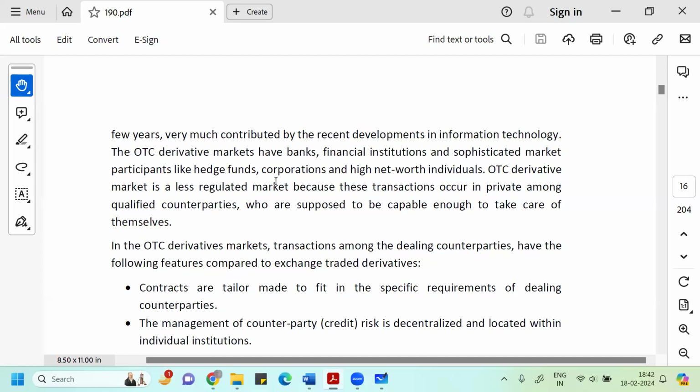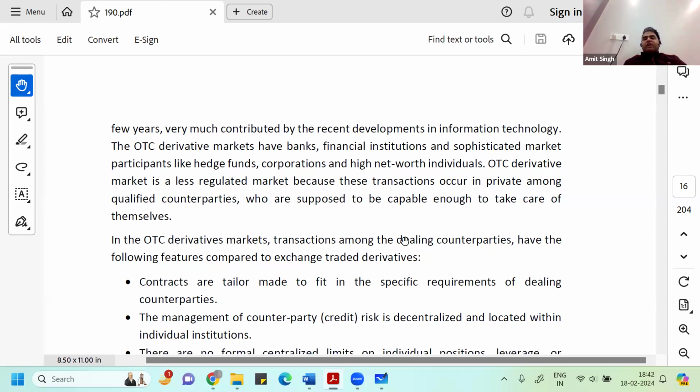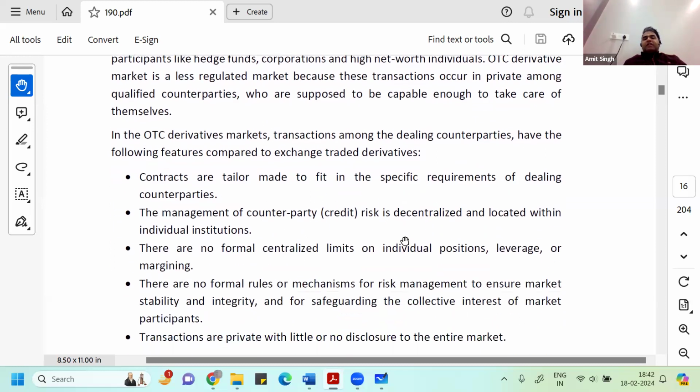When you talk about the OTC derivative market, the transactions among the dealing counterparties have certain features compared to exchange-traded derivatives. How are they different from the exchange-based market? Contracts are tailor-made to fit the specific requirements of the dealing counterparties.